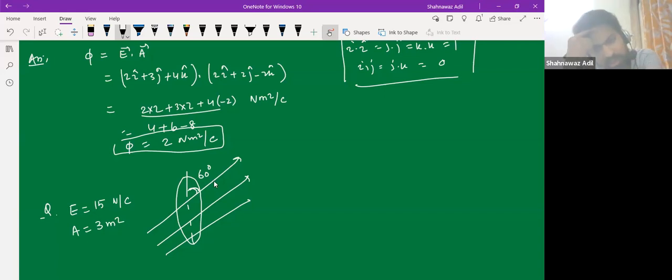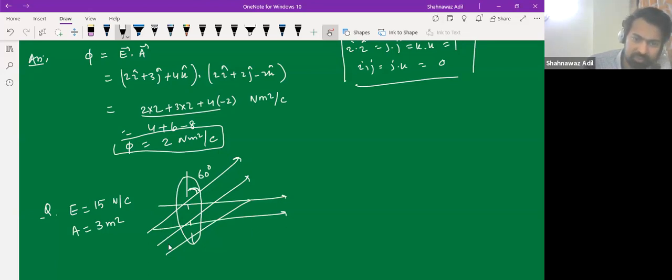So is this thing normal to the surface area? What is the angle that we count? We count the angle between the normal and the electric field, not the plane.